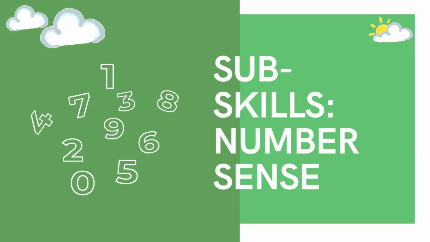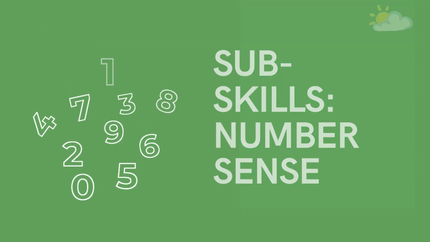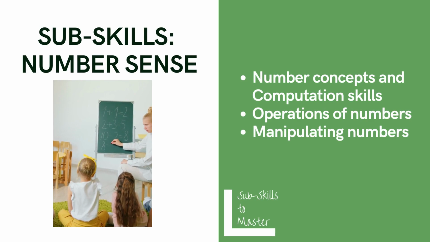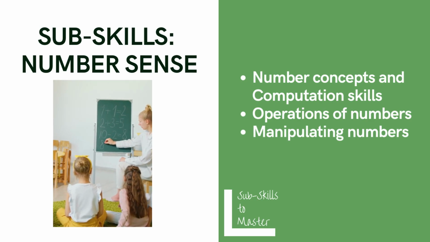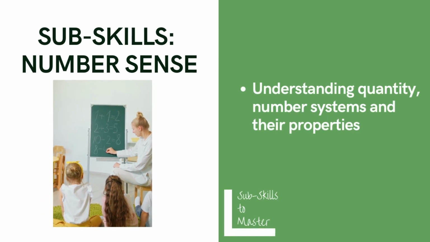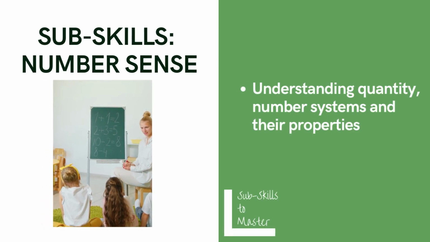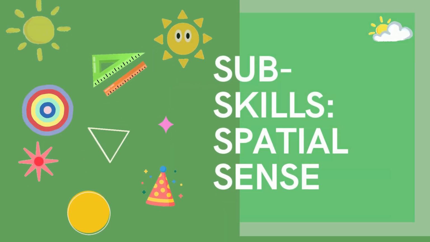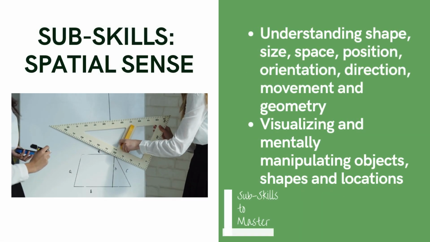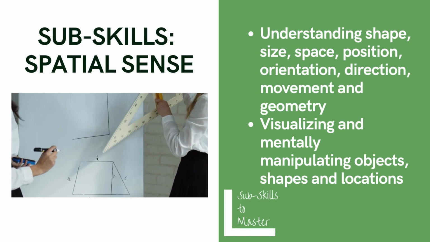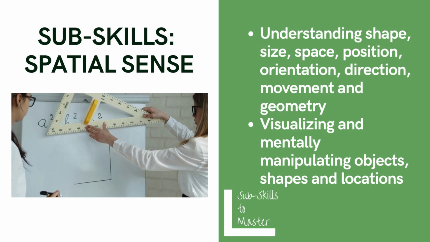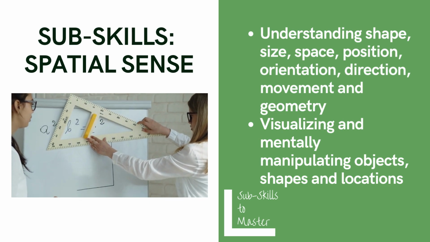Number sense includes the following sub-skills: number concepts and computation skills, operations of numbers, manipulating numbers, understanding quantity, number systems and their properties. Sub-skills under spatial sense are understanding the shape, size, space, position, orientation, direction, movement and geometry.